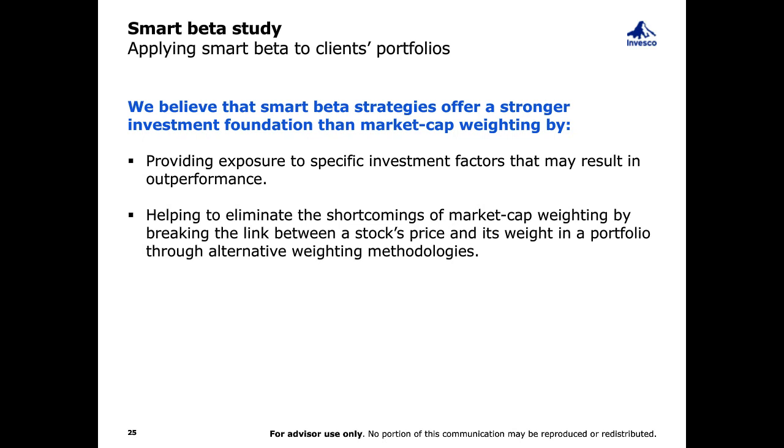In addition, each strategy provided varying results across different market environments. For these reasons, we believe diversification across strategies may help mitigate the overall effect of underperformance on a portfolio.